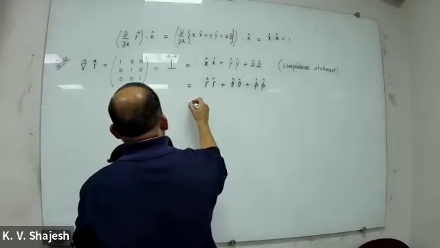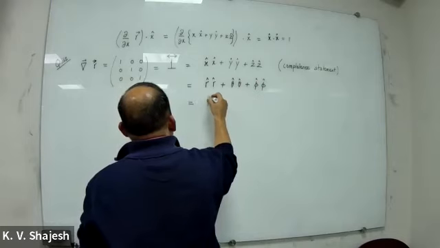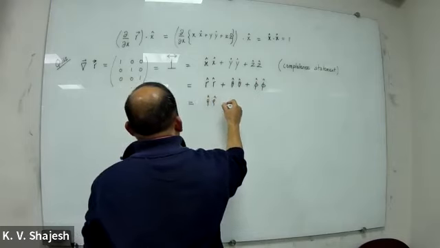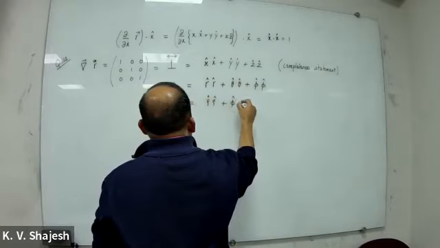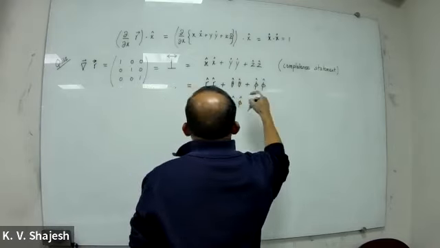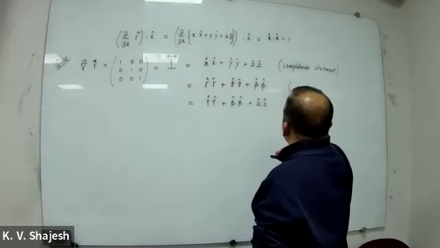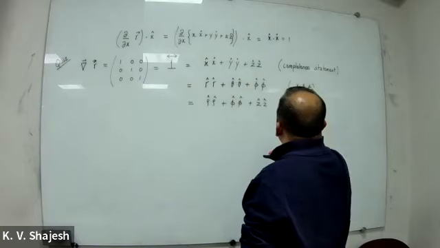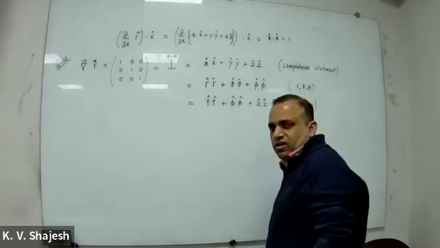If you're in cylindrical coordinates, this is rho hat plus phi hat plus z hat. With the understanding that this is in spherical polar coordinates, it's r theta phi, and this is rho phi z. This is cylindrical coordinates.